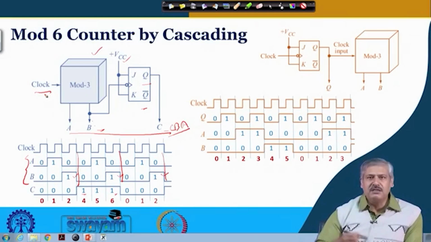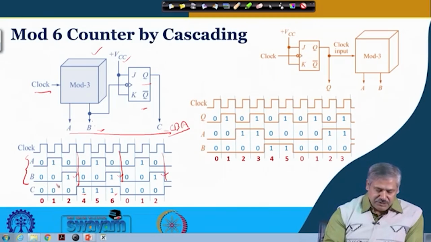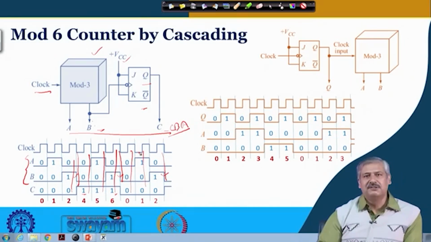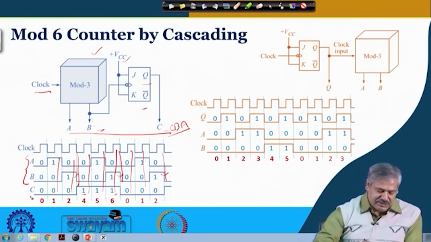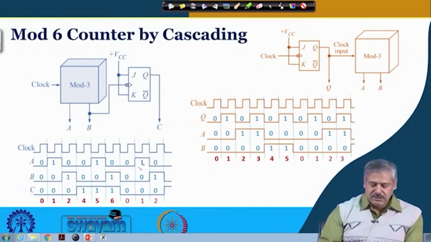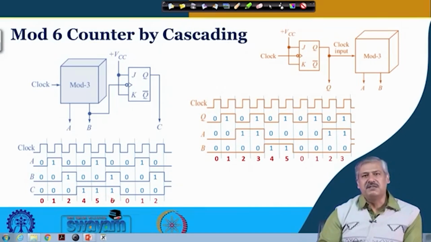Put together, you can see 0 0 0, 0 0 1, 0 1 0, 1 0 0, 1 0 1, 1 1 0, then again 0 0 0, 0 0 1 comes. This is what you see if you read it along this line, C, B, A. So, you have got 6 unique states after which it repeats.